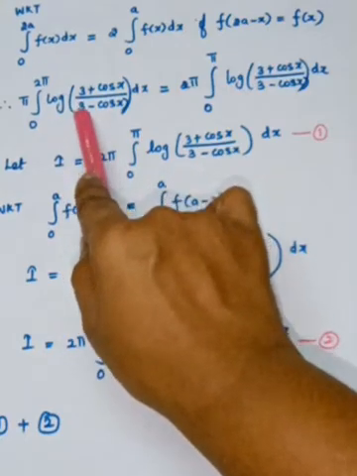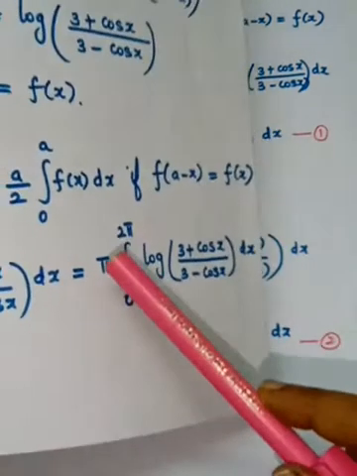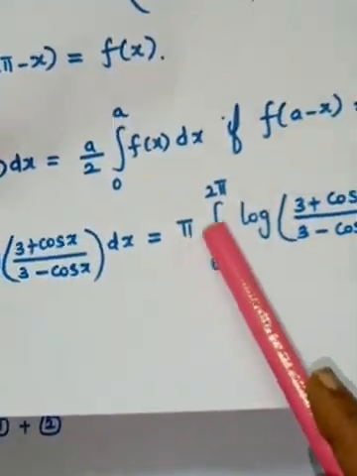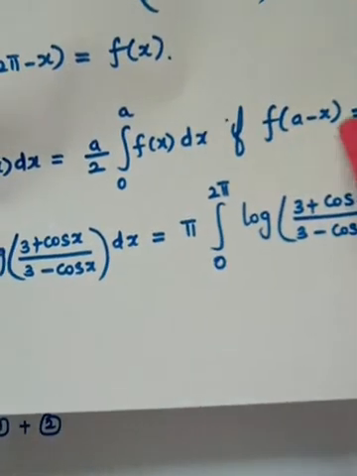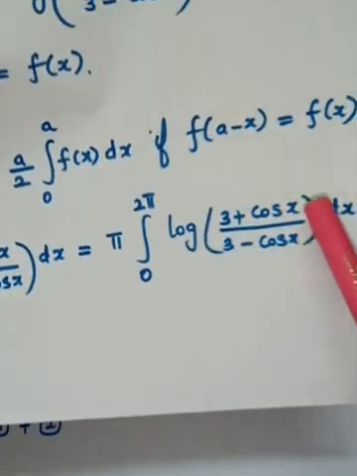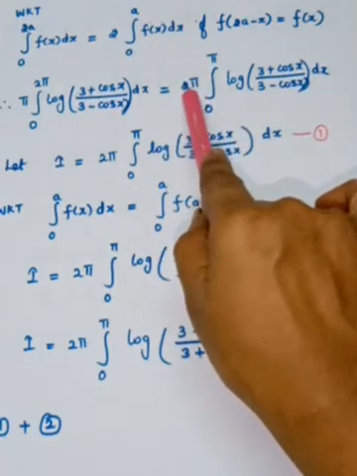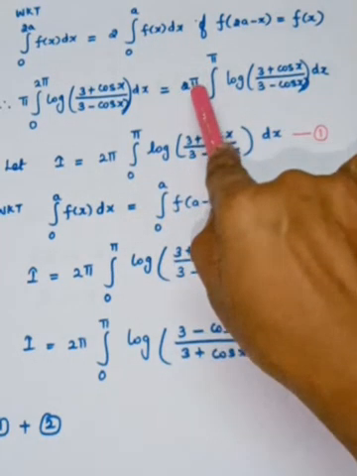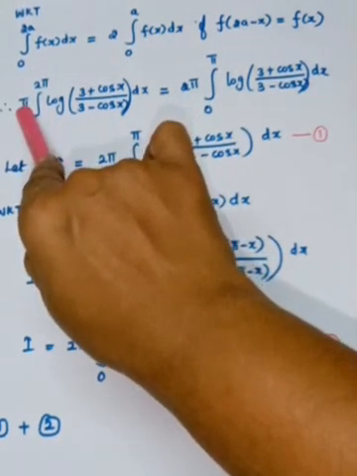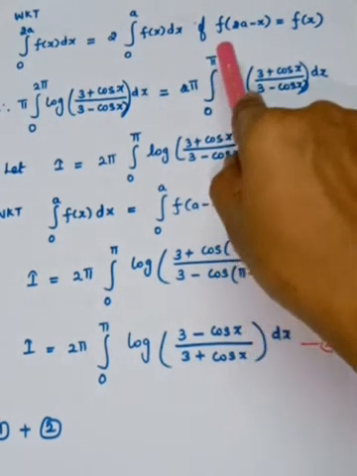So this can be written as, in the front you already have pi. So the whole integral is in the form 0 to 2a f of x dx, and it can be written as pi into 2 into integral 0 to pi.